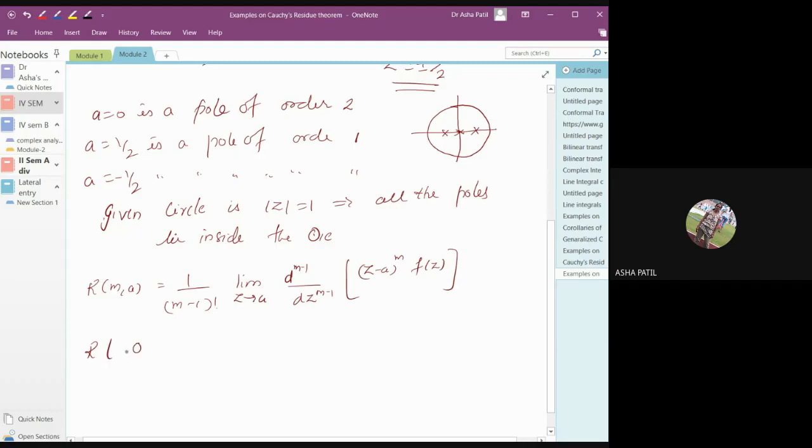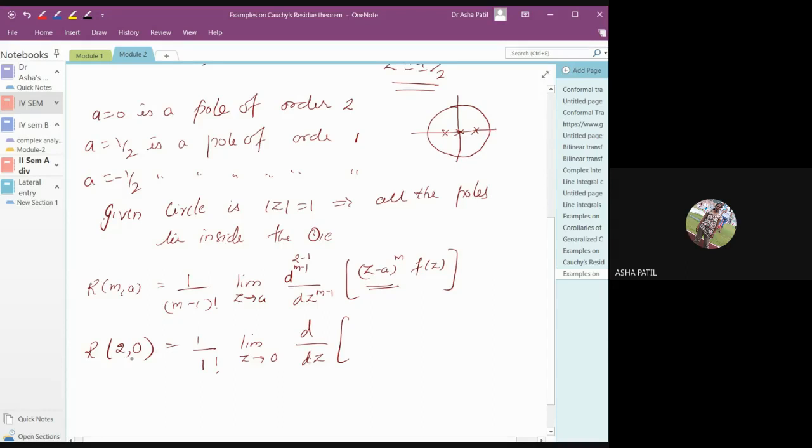Pole 0 of order 2, so m is 2 here. 1 upon (2 - 1) factorial, limit as z tends to 0. If you put m as 2, 2 - 1 is 1, so you have to find the first order derivative of (z - a) raised to m.